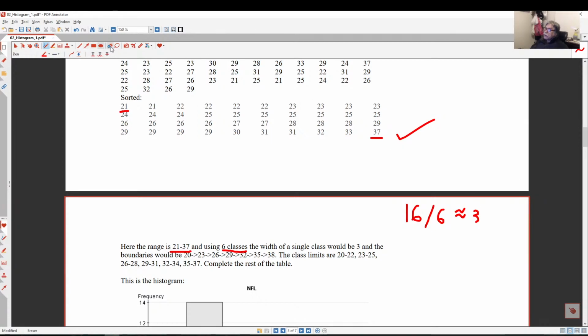Two point something. So I'm rounding to 2 decimals, 2.67.